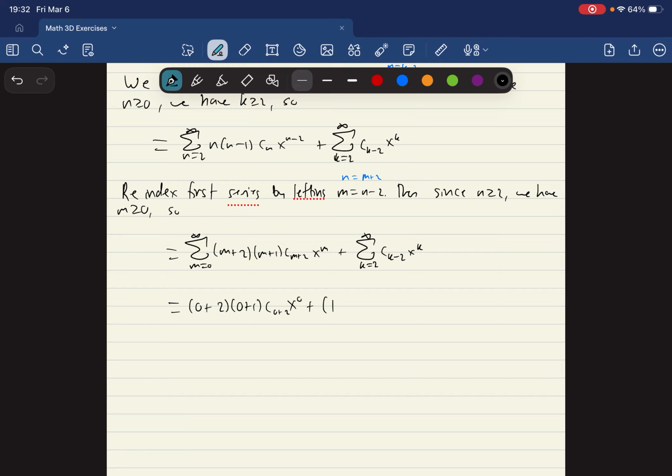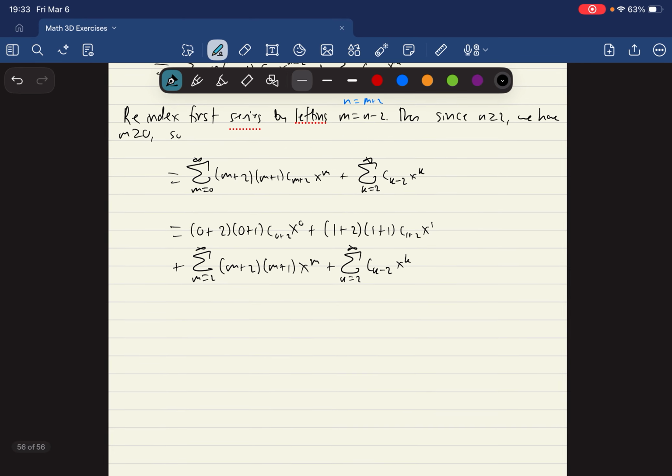And then I'm going to take out the m equals 1 term as well: (1 plus 2)(1 plus 1) c sub 1 plus 2, x to the 1. And then we have just the rest of our series, m from 2 to infinity, (m plus 2)(m plus 1) c sub m plus 2, x to the m, plus the series from k equals 2 to infinity, c sub k minus 2, x to the k.